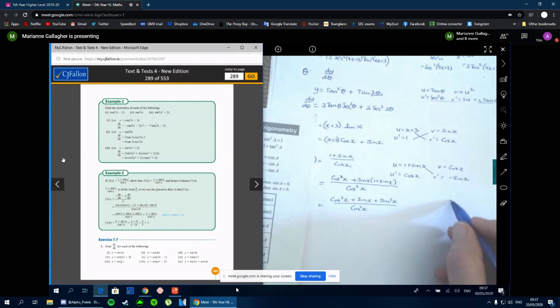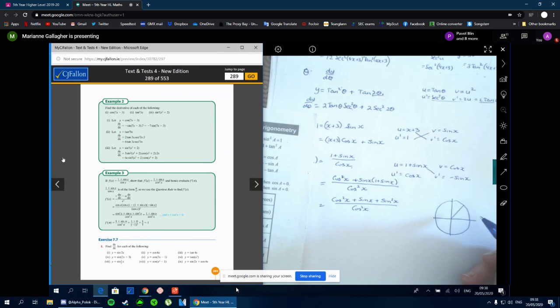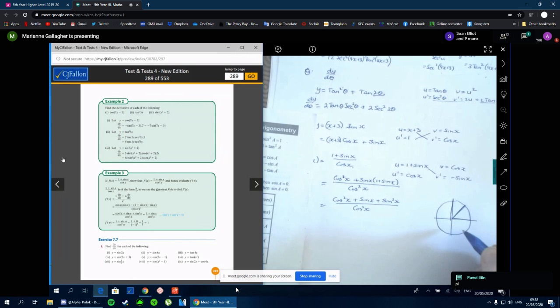Because if you have your unit circle, remember the unit circle, what's the radius of the unit circle equal to? What's the radius of the unit circle, this distance here, or this, or this? What does unit mean? Come on, guys. The radius of the unit circle is 1.